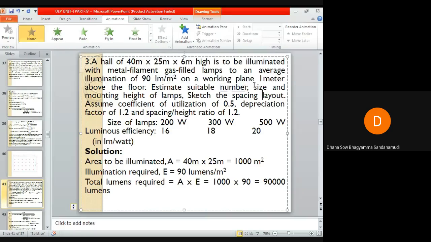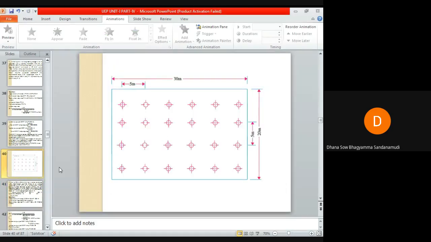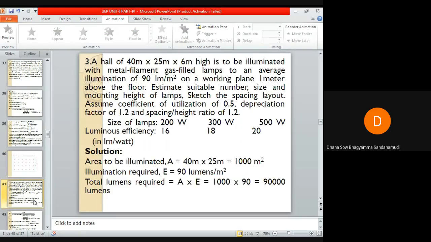You have to estimate the size and mounting height of the lamps, and sketch the spacing layout. Similar to the layout in the previous problem, you have to sketch the layout. The coefficient of utilization is given, that is 0.5. Depreciation factor is 1.2. Space height ratio is given, that is 1.2.